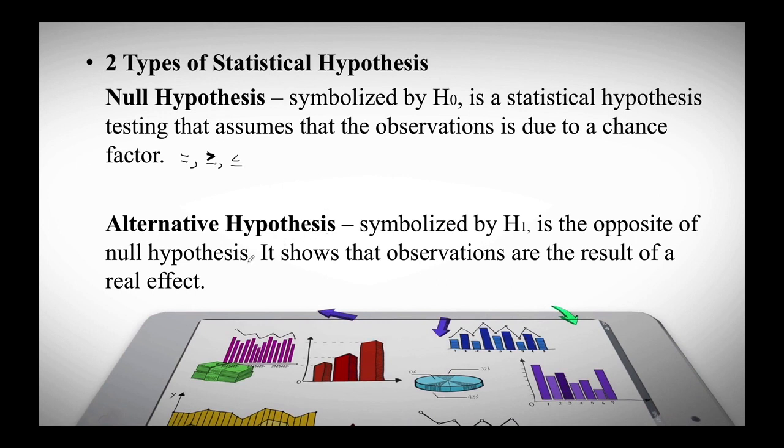The most common symbols that we use when declaring an alternative hypothesis are not equal, greater than, or less than. As you can see, there's no equals here. So lahat ng equal nasa null hypothesis and lahat ng walang equal na symbols nasa alternative hypothesis. That is just the basic difference of these two.